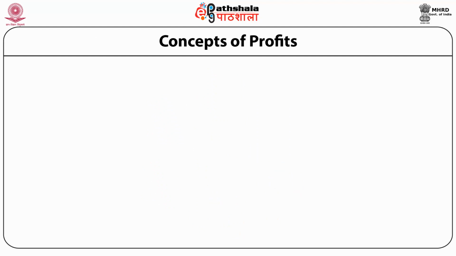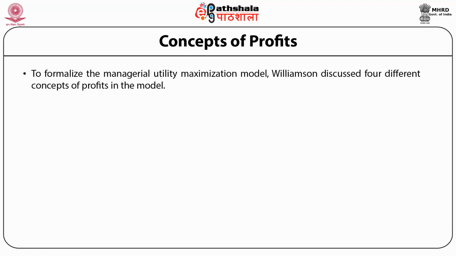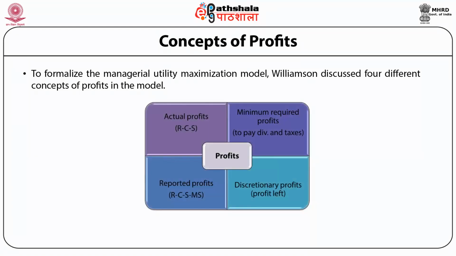Maris has also described some concepts of profits. To formalize the managerial utility maximization model, Williamson discussed 4 different concepts of profits in the model, which were actual profits, minimum required profits, reported profits, and discretionary profits.